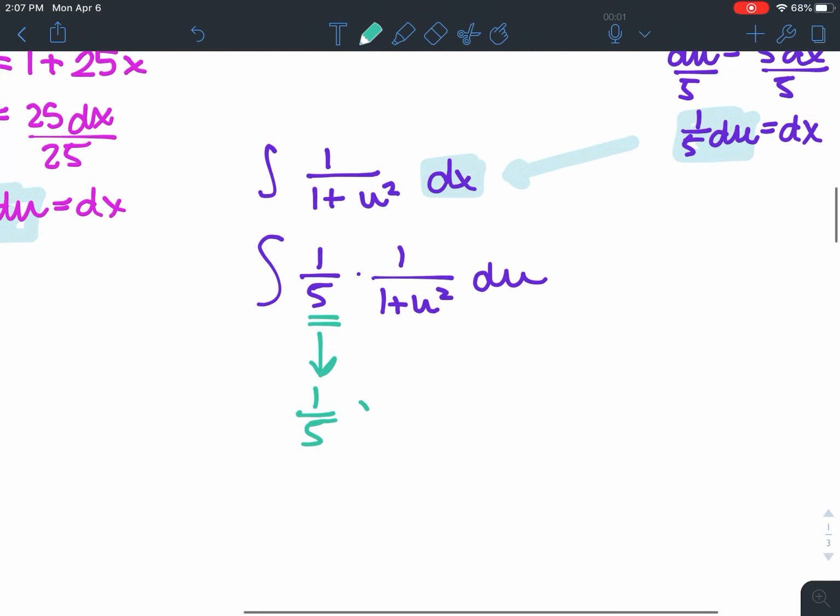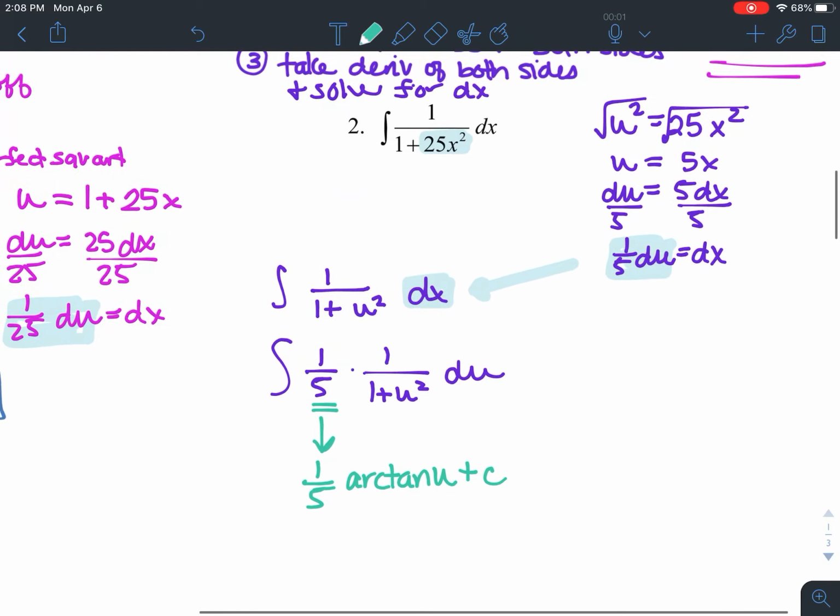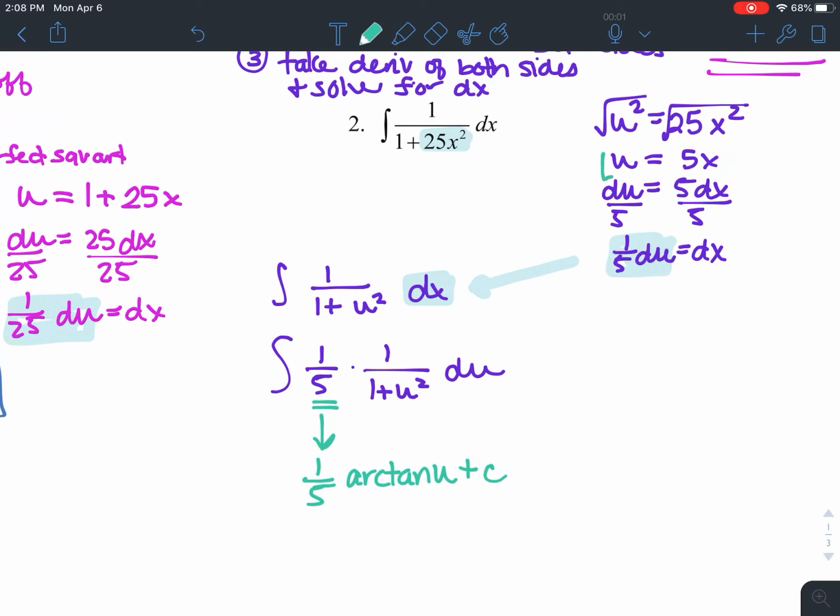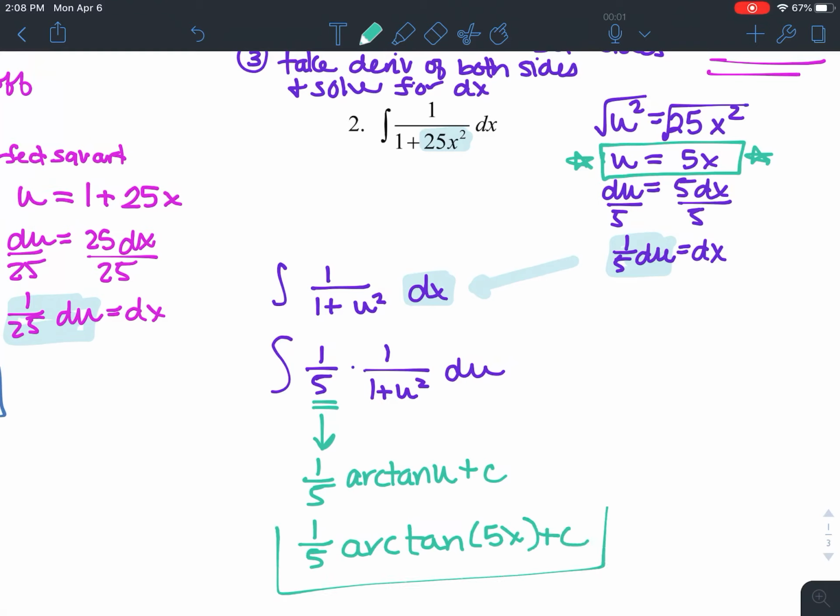That becomes arctan of u plus c. Now sub back in that u value. This will be so important. Star it, mark it, recognize wherever you put your u. 1/5 arctan of our u, which is 5x, plus c. There we go, we're done.